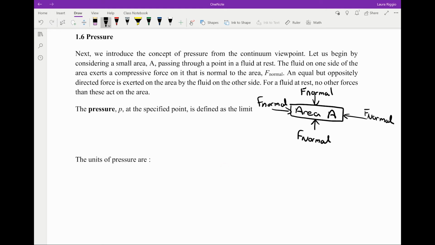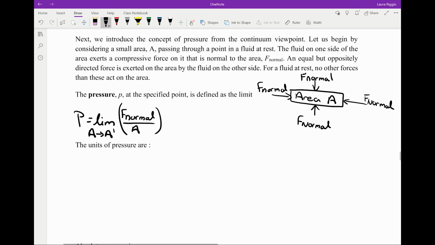So our pressure, which if we remember is force divided by area, is going to be the limit as our area goes to an infinitesimally small area of our normal force divided by our area.